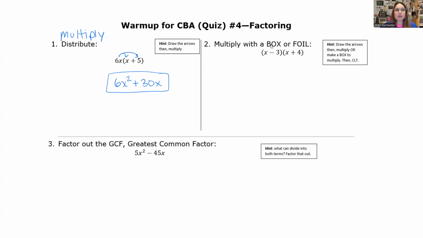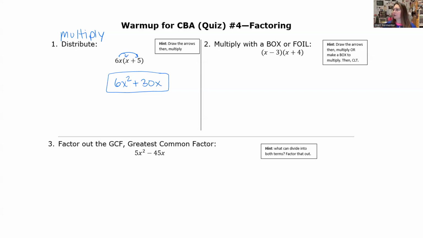Next, you can use a box method or FOIL. If you learned with a box and that's what work you have on your paper, awesome. You can leave it like that. I'm going to use FOIL because I think it's faster and I don't have to do extra work. I think it's the exact same thing.